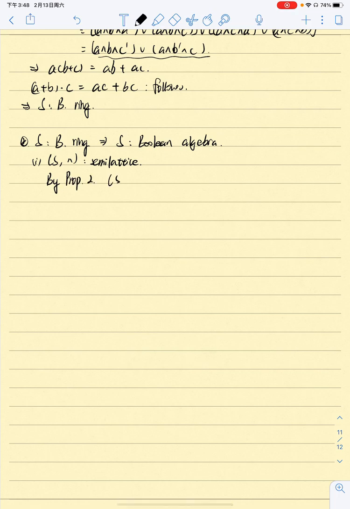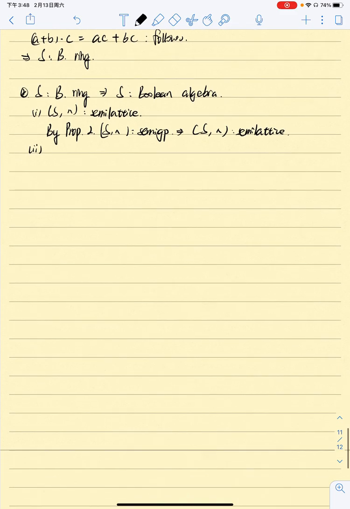By proposition 2, this is a semigroup, right? Then this is a semi-lattice. Okay, so 2, 0 is an element in S. This is clear by the definition.